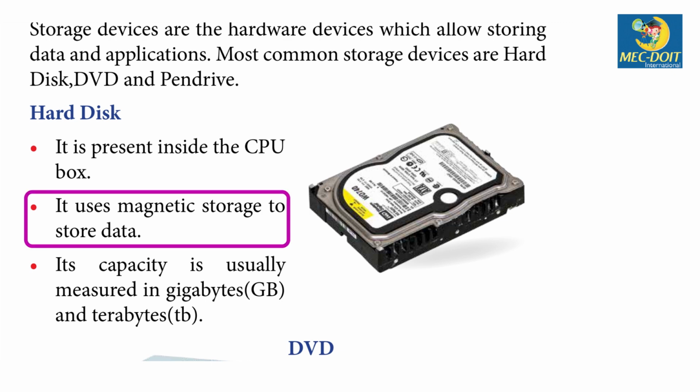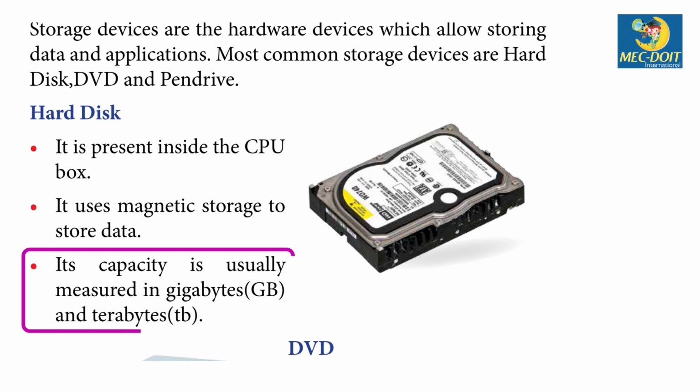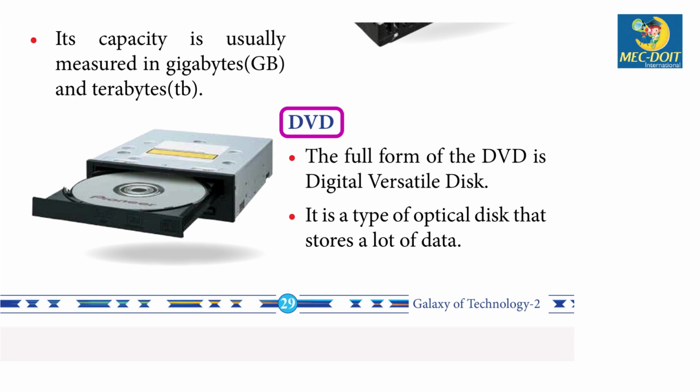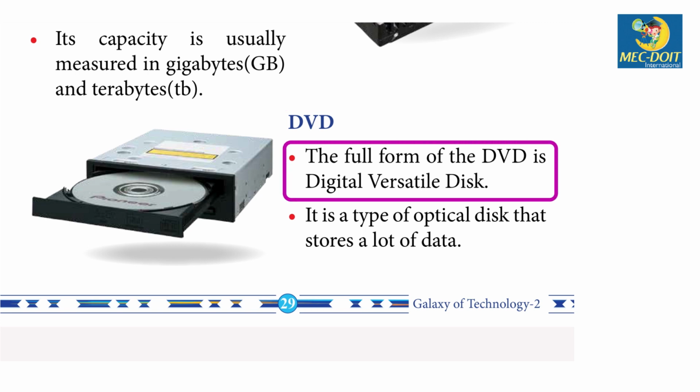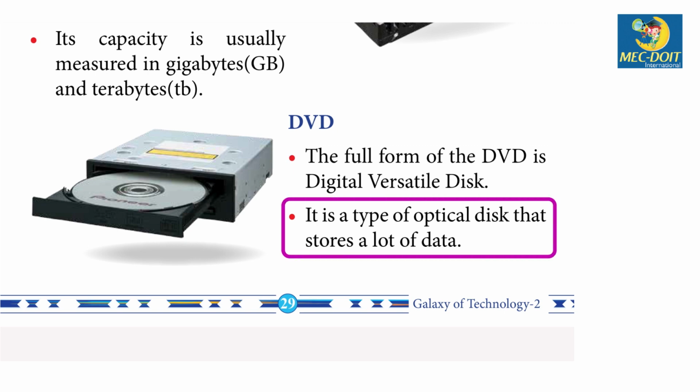It uses magnetic storage to store data. Its capacity is usually measured in gigabytes, GB and terabytes, TB. DVD. The full form of the DVD is Digital Versatile Disc. It is a type of optical disc that stores a lot of data.